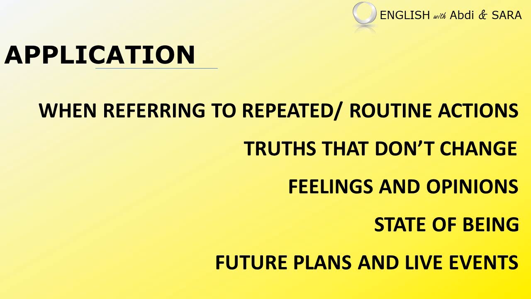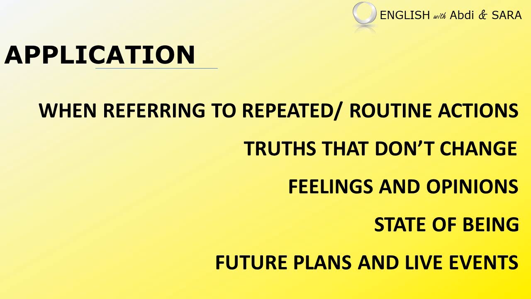It has various applications. The first place we can use simple present tense is when referring to routine or repeated actions. Also, when we are talking about truths that don't change. Whenever we are talking about feelings, states, or opinions.